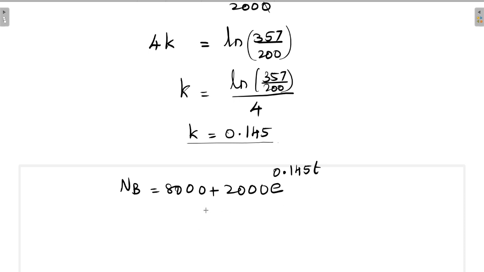This is the general form of the equation for the population of B.